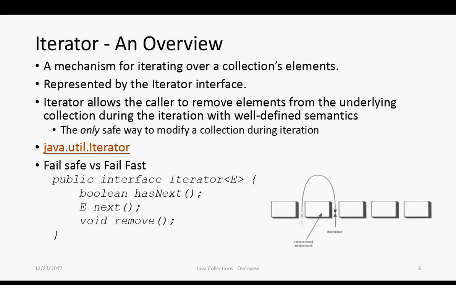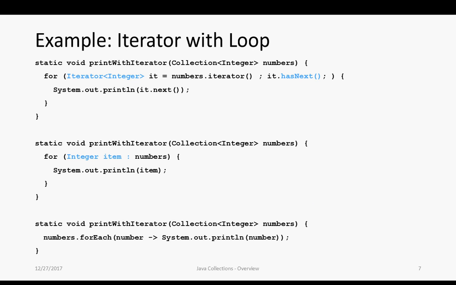Let's quickly look at an example of how we can iterate in a loop. For simplicity, I have a method that takes a collection as an argument, and I have used a while loop, where I am creating an iterator. I'm checking every time whether the iterator hasNext.